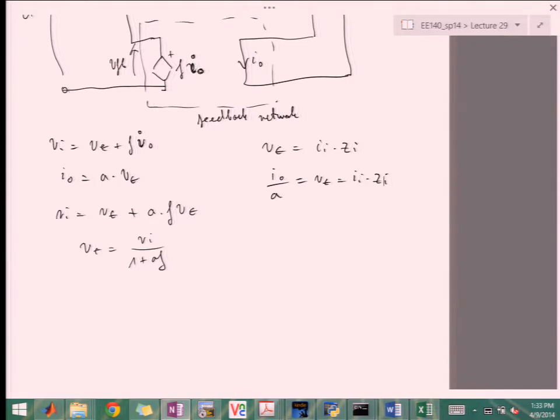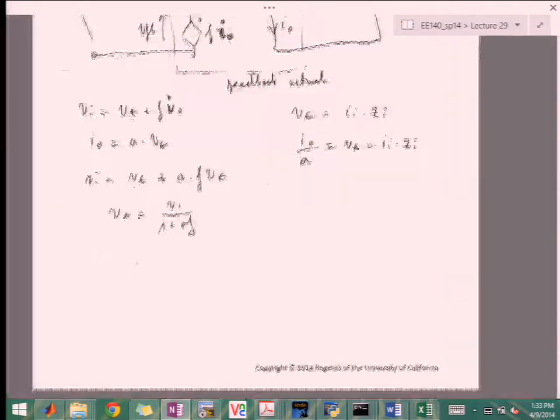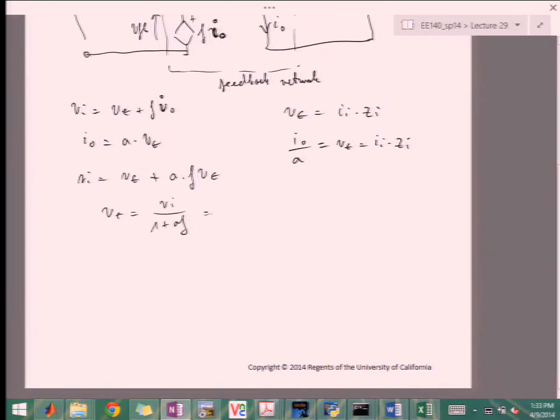Is this. Now, from here, we have that this VE is IO over A. So we have that IO over VI is A over 1 plus AF, or A over 1 plus T. So this is a transconductance amplifier. Right?